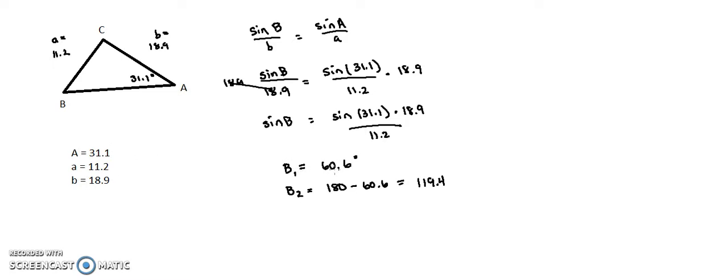One triangle has 60.6 as the angle, and another one has 119.4 as the angle. So we just need to figure out both of these and see if we actually do have two triangles. For our B1 scenario, that's 60.6. We should be able to find angle C that goes with that. So we'll call that C1. That's our first triangle that all goes together.